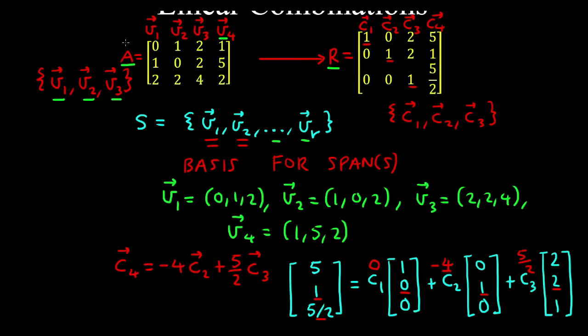And consequently, for matrix A, we have the column vector 4 is equal to minus 4 by the column vector 2 plus 5 on 2 by the column vector 3. And I'll leave it for you to verify that this is valid for this matrix.